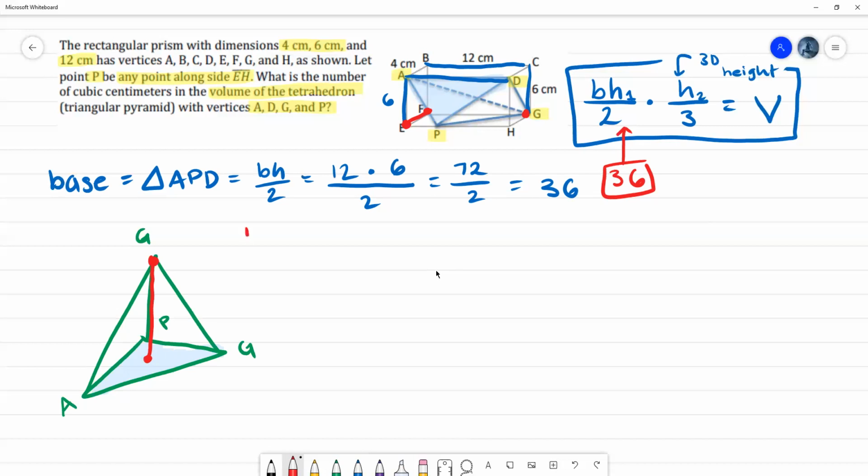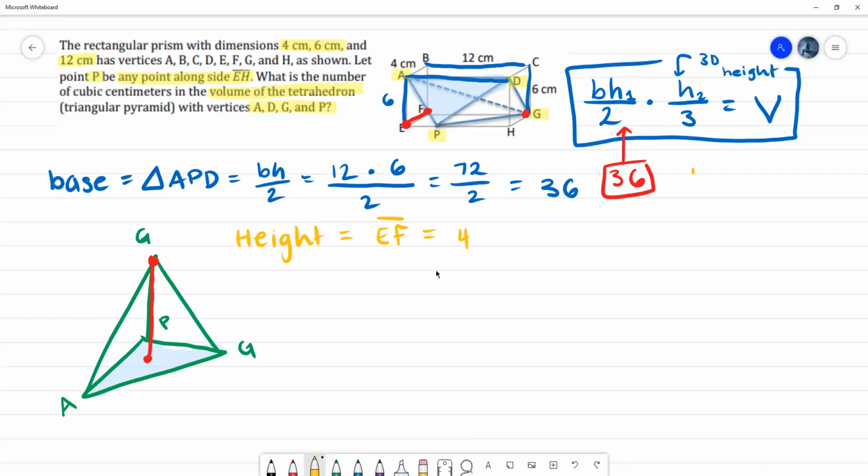So now that we know our height, let me use another color. Our height is equal to the measure of EF. We know that EF is 4 because AB is parallel to EF, and they're both congruent. So we know that EF is 4.